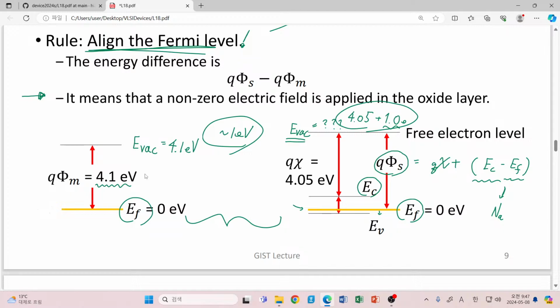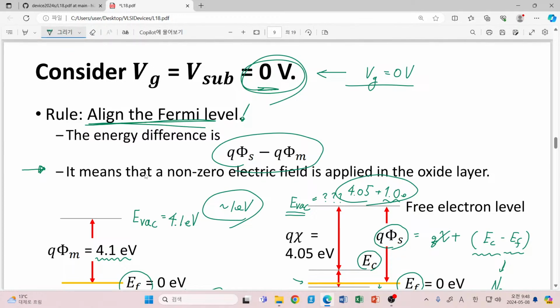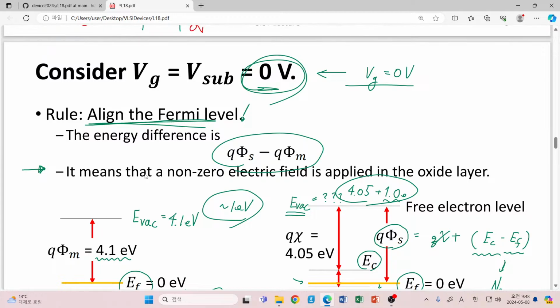Simply speaking, the lesson is, even though we have the 0 gate electron volt case, internally this MOS structure may have a strong electric field inside it, and the amount of this internal voltage difference will be obtained from this value. This value just shows the difference of the semiconductor work function and the metal work function.